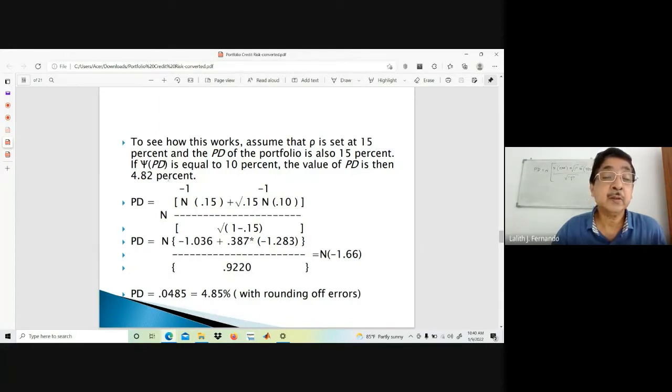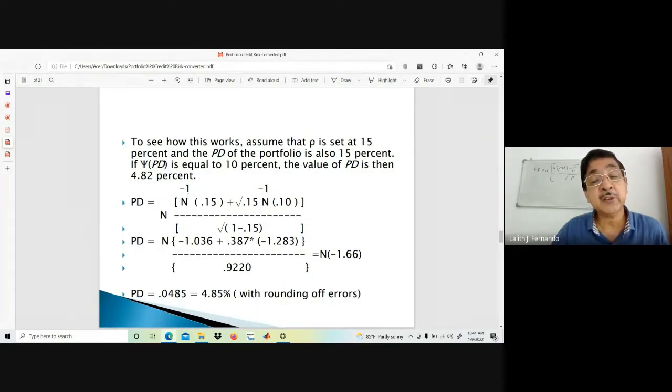Then we have assumed also that theta PD, that is the EDR's cumulative frequency distribution, is also 10%. Then our task is to calculate the value of PD. So you can just look at it. Now you just see the N and N minus 1. When you say N to the power minus 1, that means inverse normal values.